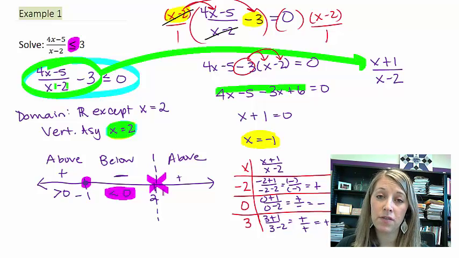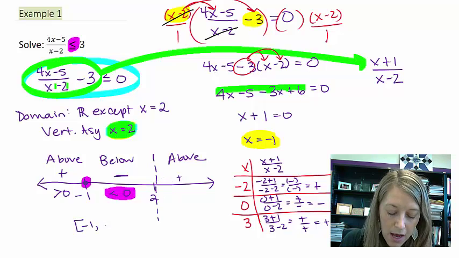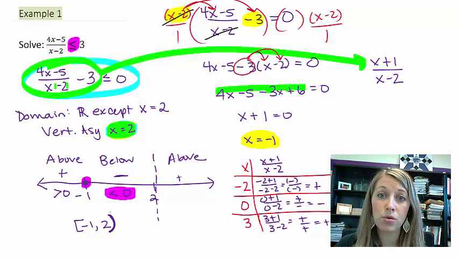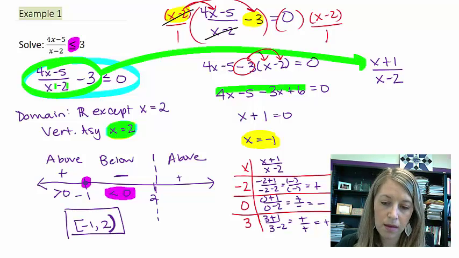And so that's the big difference between separating our intercepts and our asymptotes. Our asymptotes will never be part of the answer in our rational inequalities. Okay, so my answer then is going to be -1 up to 2, but I will not be including 2 because 2 is undefined. And so this is my answer there.